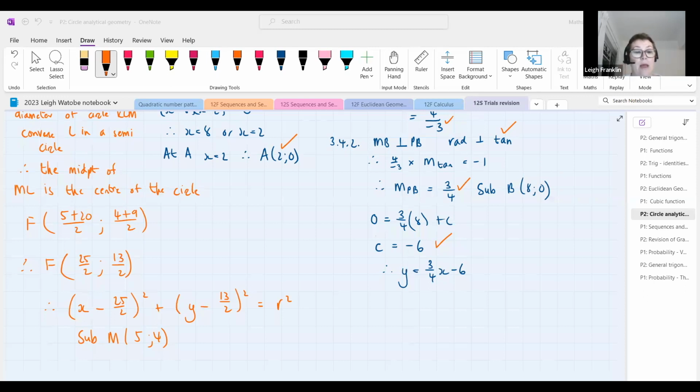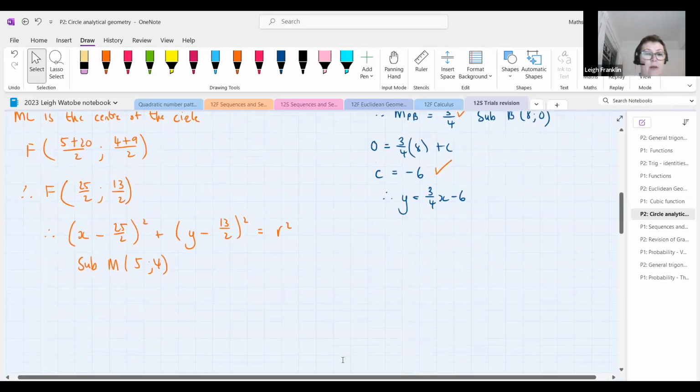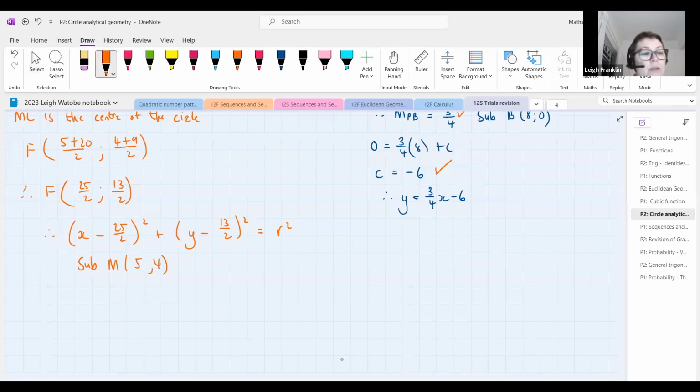And now let's put in 5 minus 25 over 2 squared plus 4 minus 13 over 2 squared equals r squared.